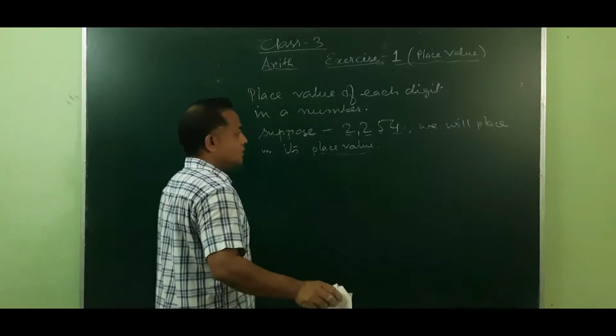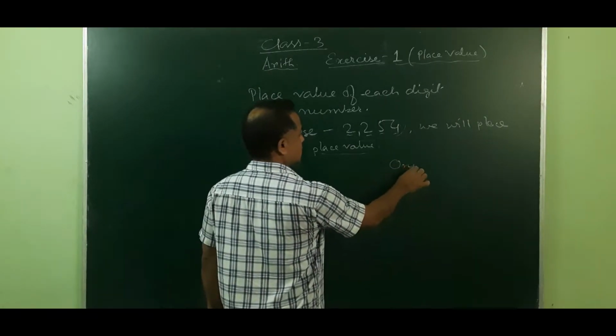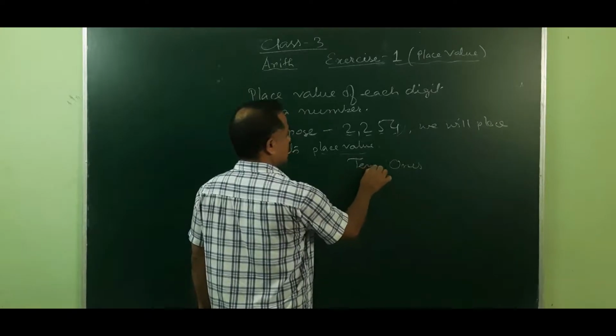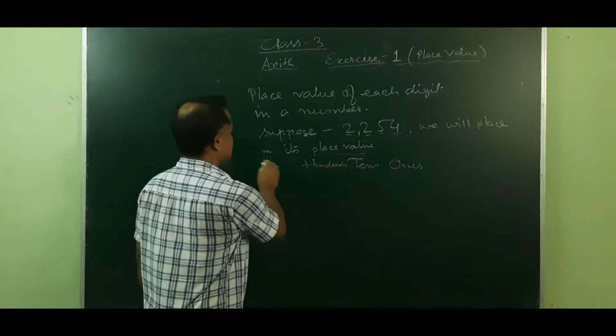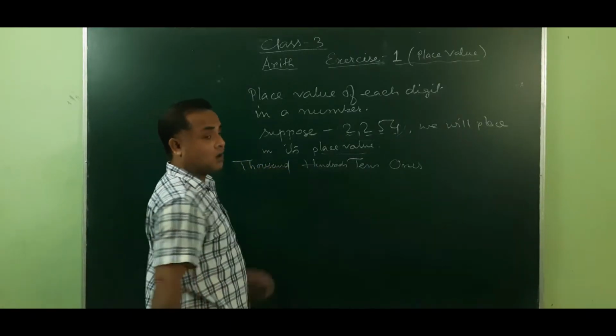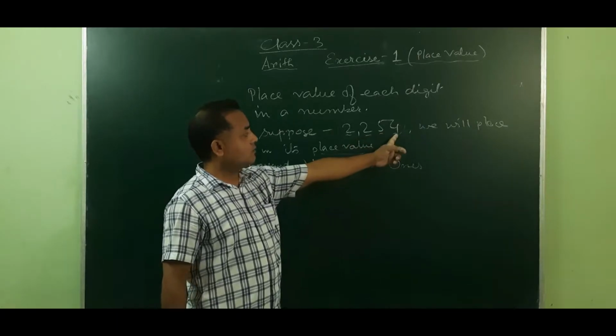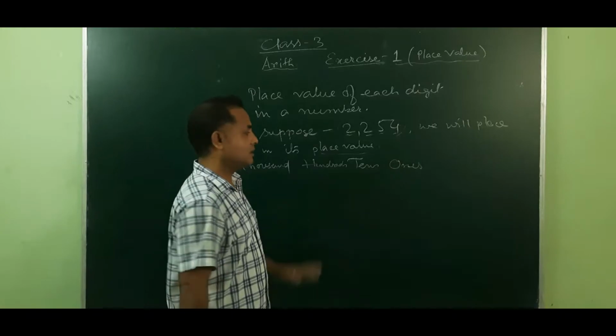Now we know that ones, tens, hundreds, thousands. We will start from this side, from the right hand side.